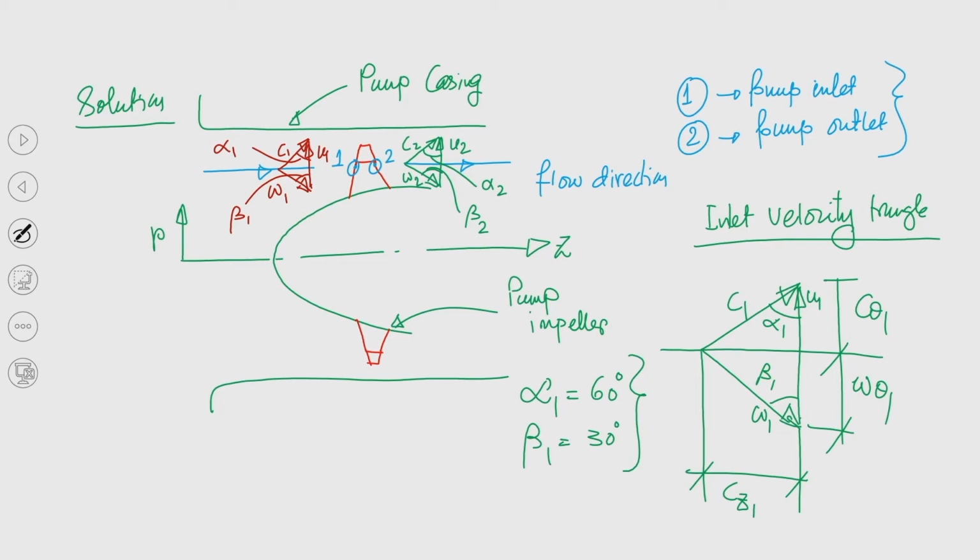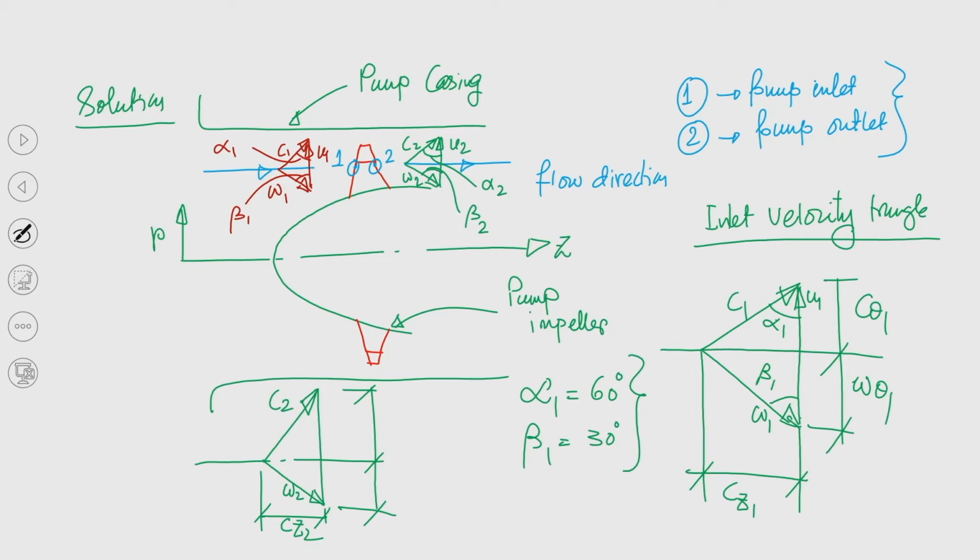So, this is the inlet velocity triangle. Next, if we try to draw the outlet velocity triangle over here, this is C2, this is W2, and this component will be Cz2, right. So, this is Cz2 we have discussed just now.